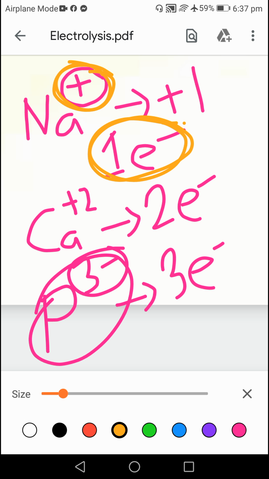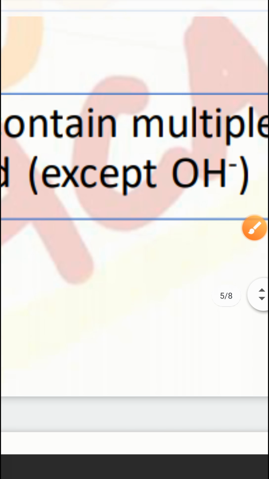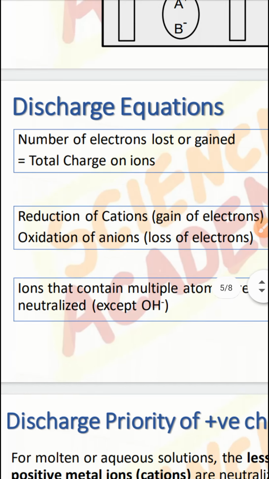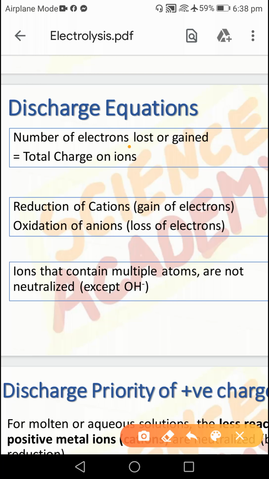The charge is 3, so it deals with 3 electrons. Keep this in mind. That's what the information said here, that the number of electrons lost or gained must be equal to the total charge on the ions.